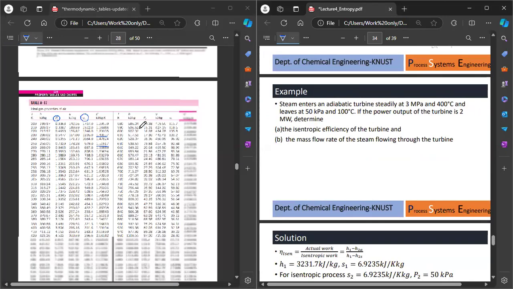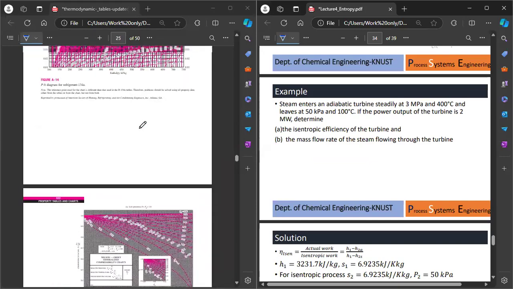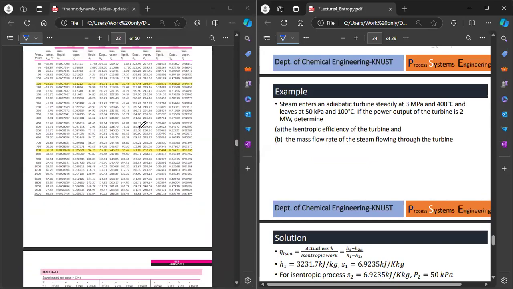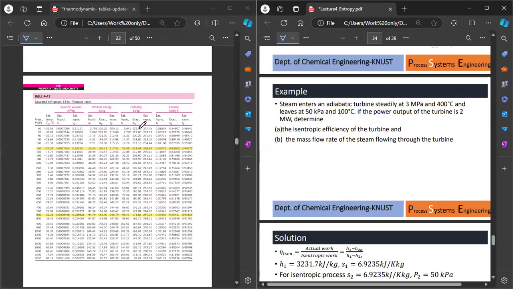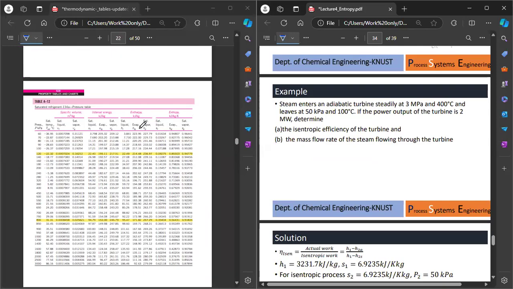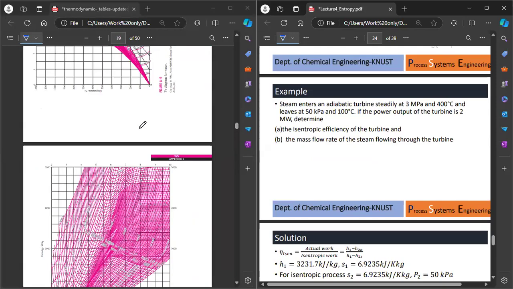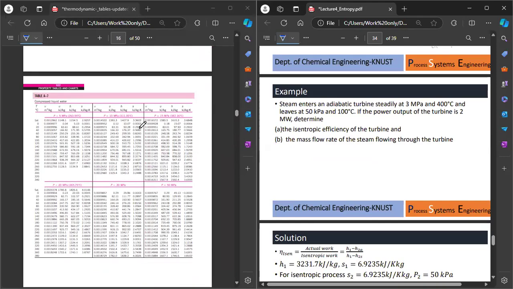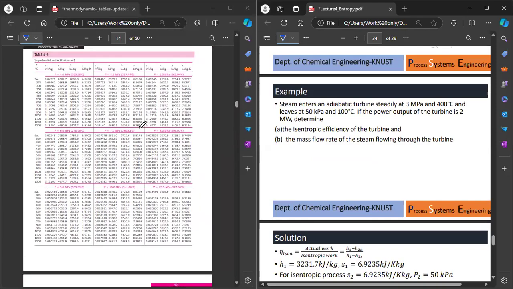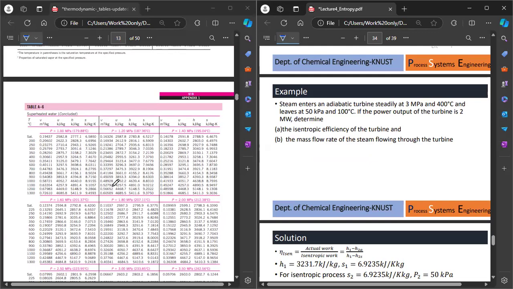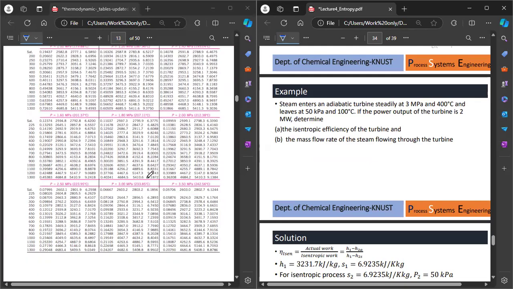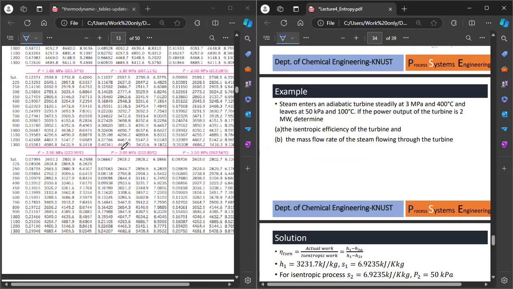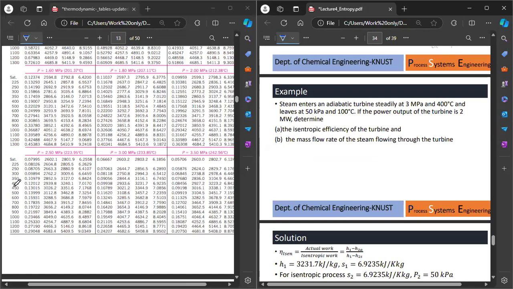So we are looking at steam. So let's look at steam at a different condition. We have first the inlet at 3 megapascal and then at 400 degrees Celsius. So let's check for 3 megapascal. If I come to the superheated steam table, right? 3 megapascal, 400 degrees Celsius. So this is for 400 degrees Celsius.